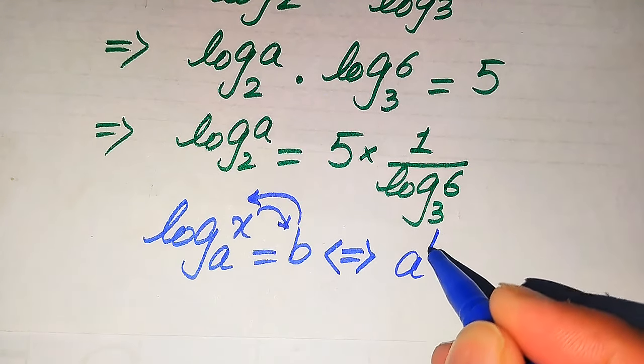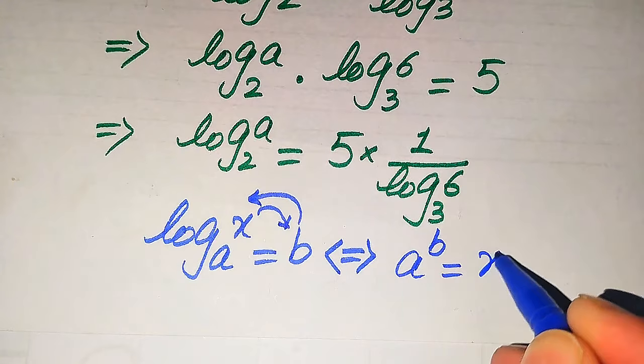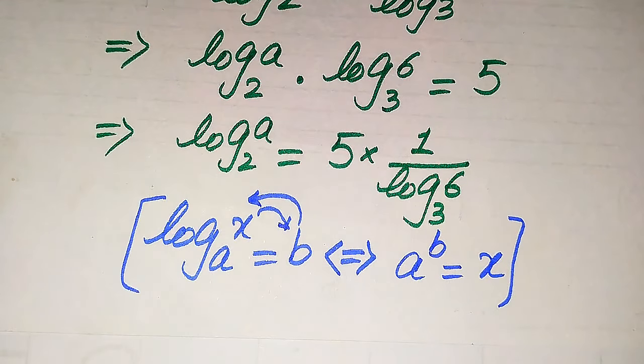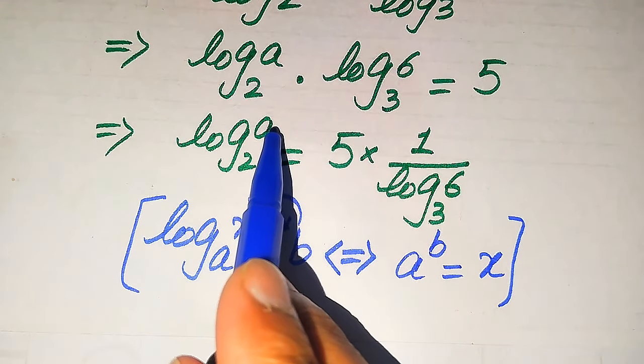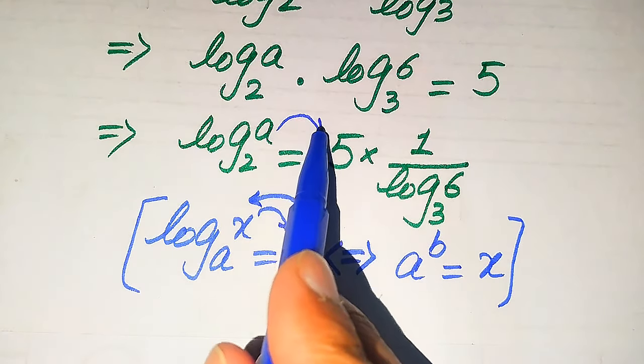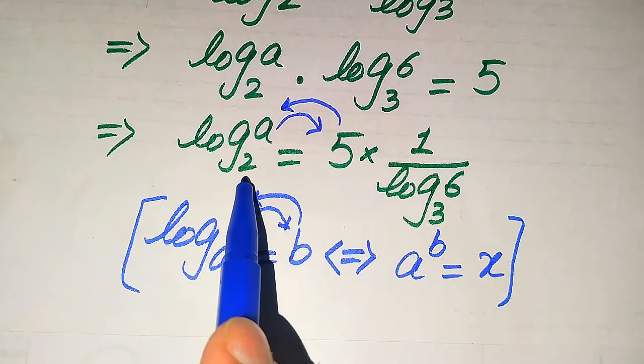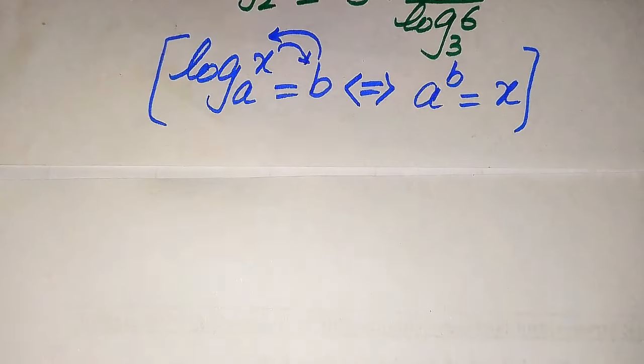Basically this is the definition of logarithm. Now we use this definition here, and we move the base 2 to the right hand side, and we move all the terms from the right hand side to the exponent of this 2.